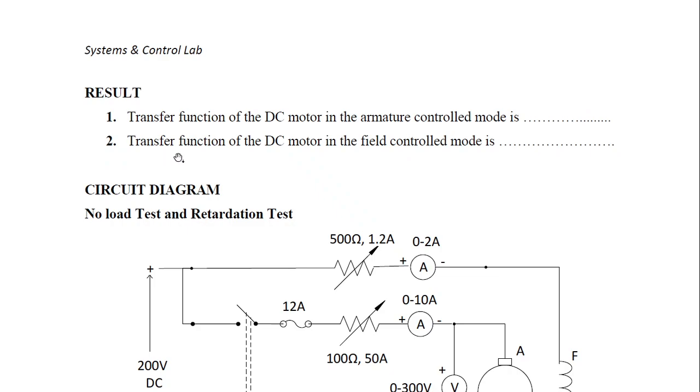Then again, the transfer function of the same DC shunt motor in the field control mode of operation, you have to substitute for the unknown parameters, which we have found out from successfully conducting suitable experiments.